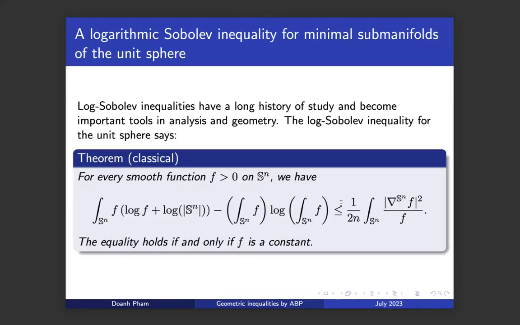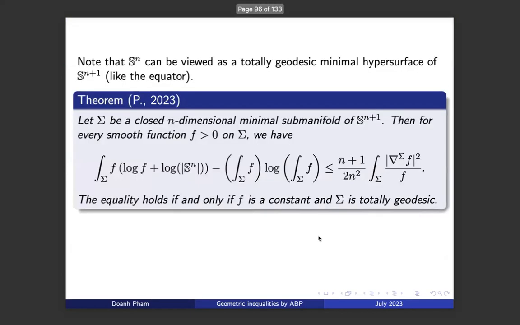So let's look at the classical log Sobolev for the unit sphere. On the left-hand side, it is log of |S^n|. On the right-hand side, it is 1 over 2n. In the next theorem, the constant on the left-hand side is still log |S^n|.